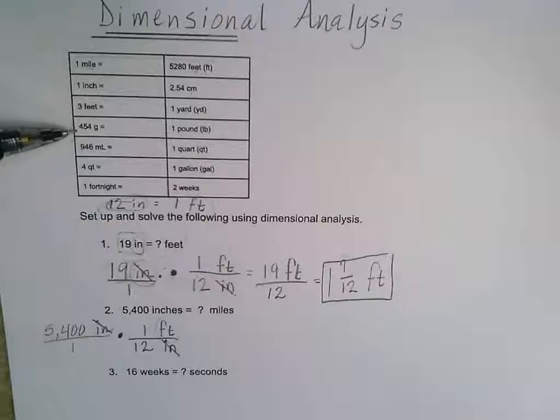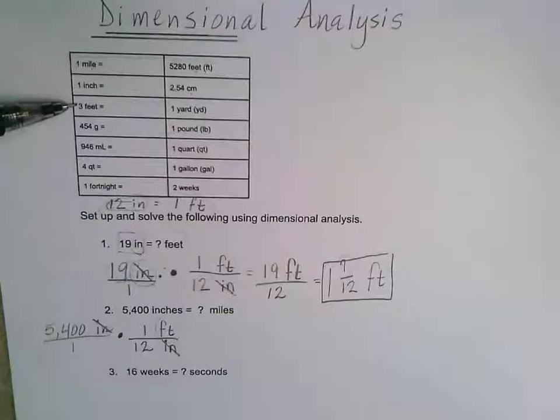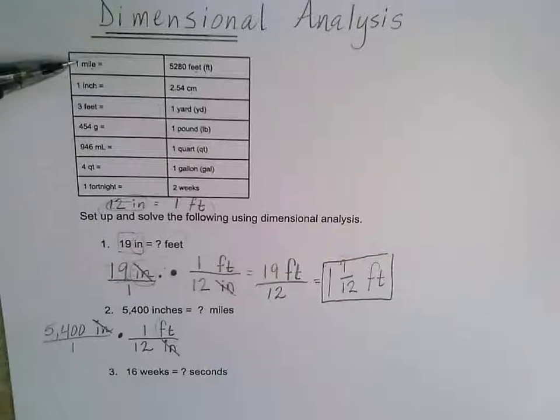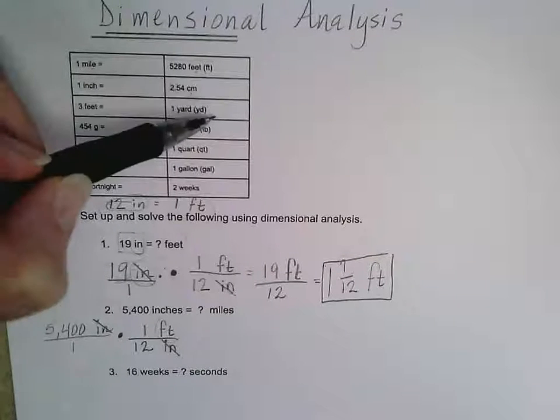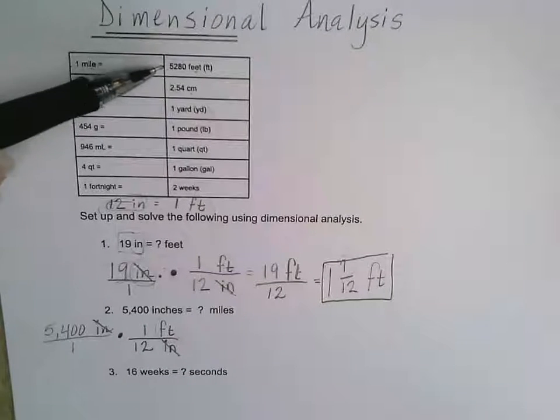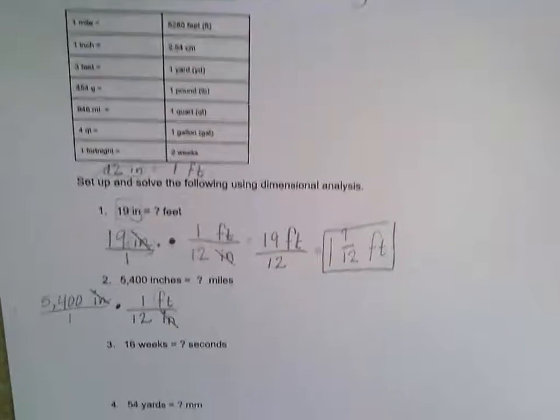The other thing I could have looked at here is that 3 feet is equal to a yard. And if I have time, I might come back and use that one and show you how that would have worked out. But for right now, let's use 1 mile and 5,280 feet.